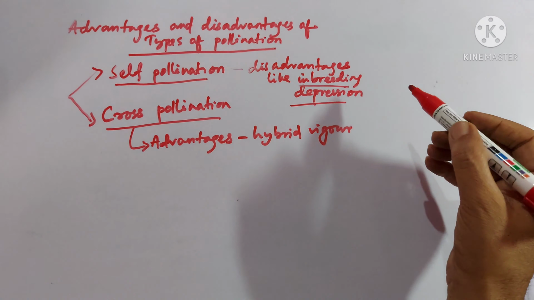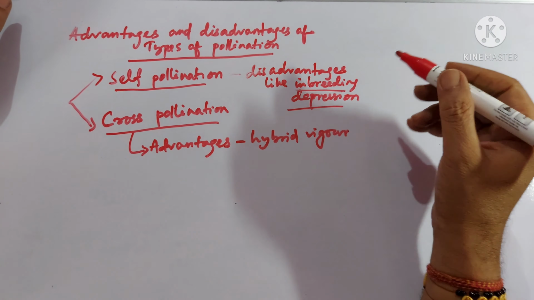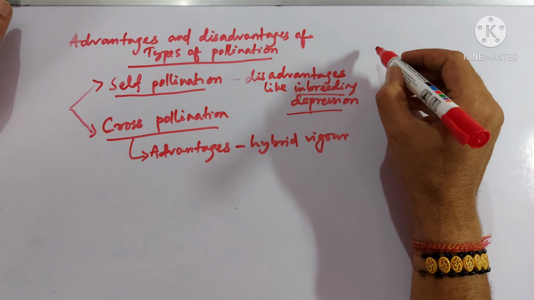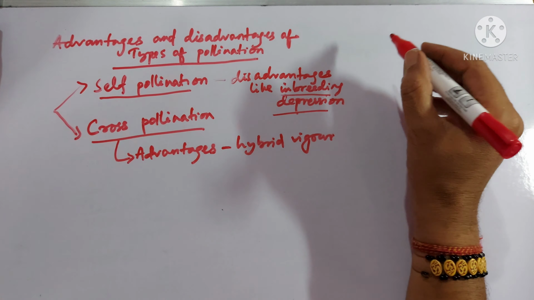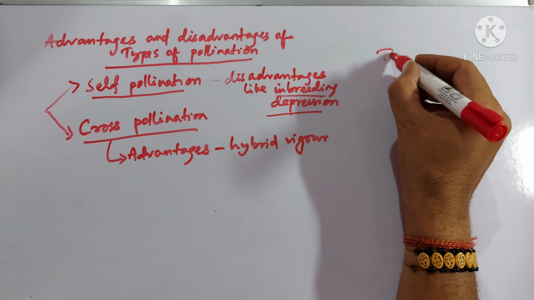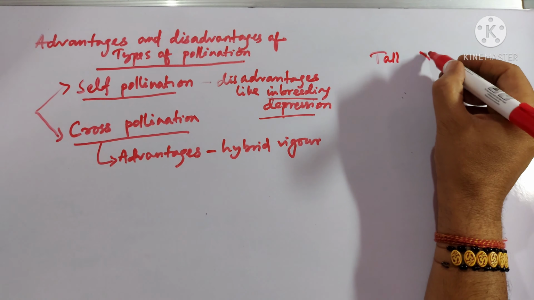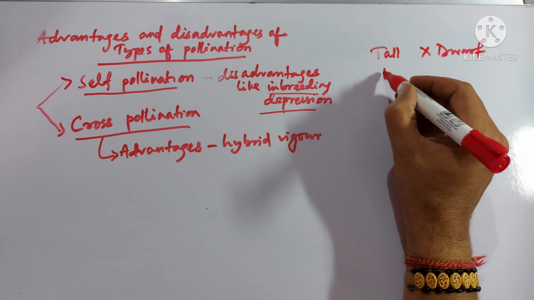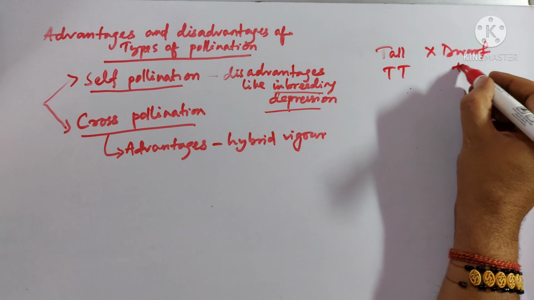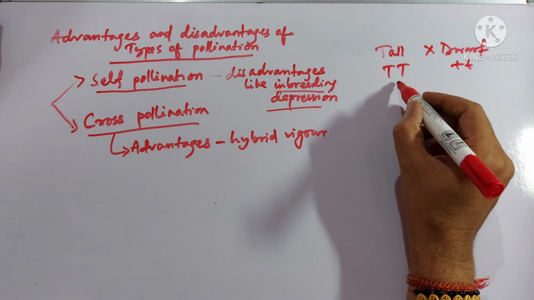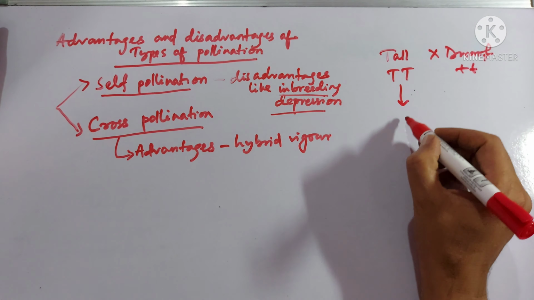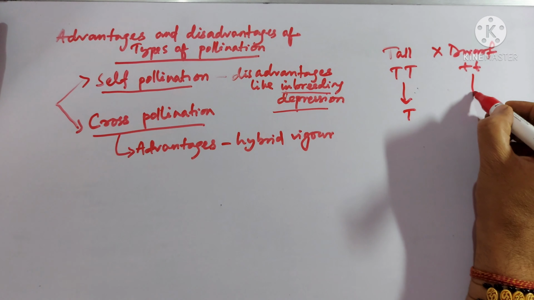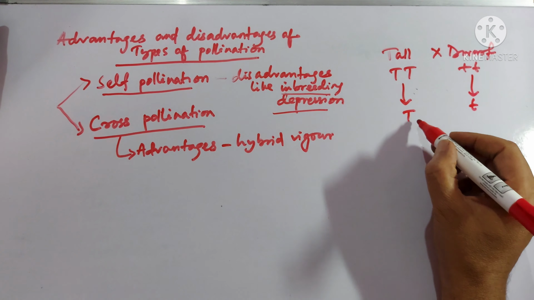We can easily understand by taking Mendel's experiment, that is tall plant when crossed with dwarf, capital T, small t, it will give one type of gamete, capital T, and this is small t.